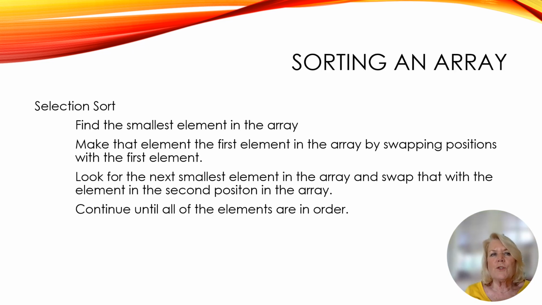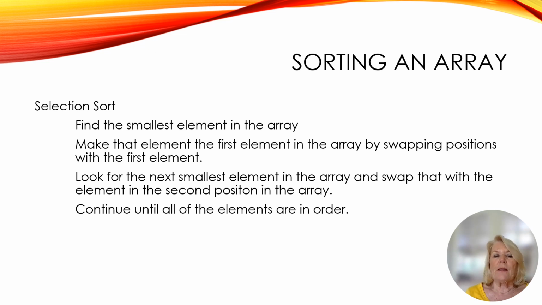Sorting the elements in an array is very useful. An array that is sorted makes it easier to locate a given element in the array. So this is the selection sort, where first you look at all of the elements in the array and find the smallest one.